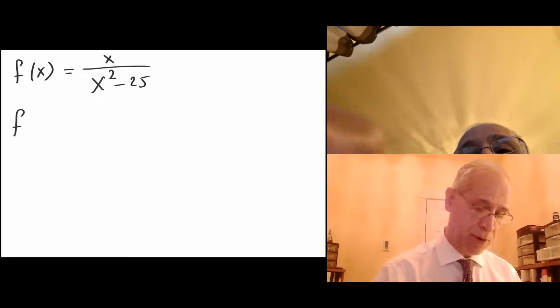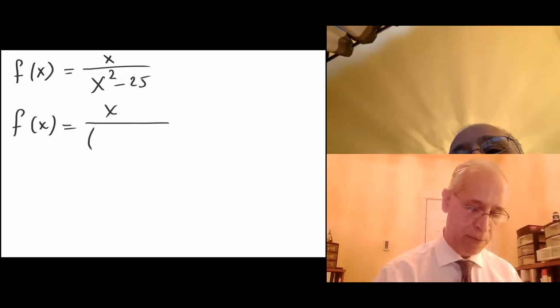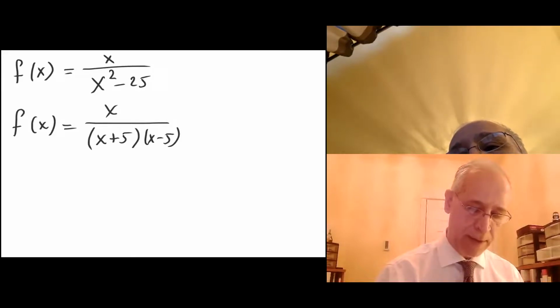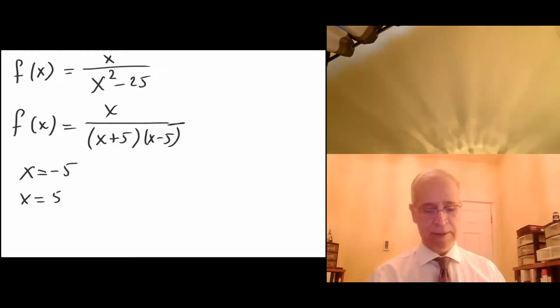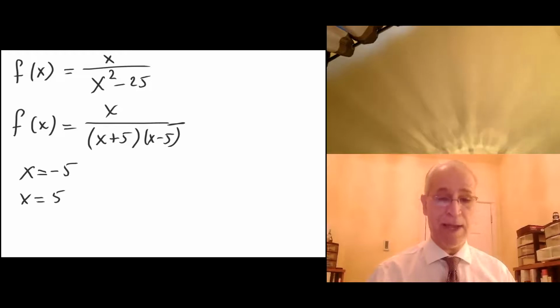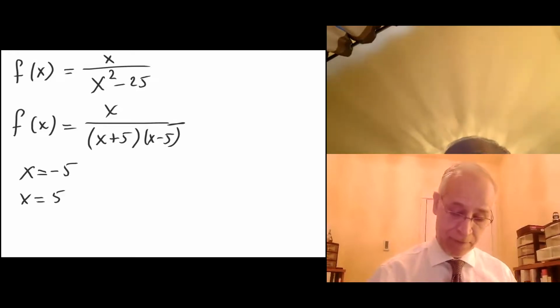If I factor the denominator, I have x over (x plus 5)(x minus 5). So I can see that at x equals negative 5 and x equals positive 5, the denominator is 0, but not the numerator. So I have vertical asymptotes at negative 5 and 5.